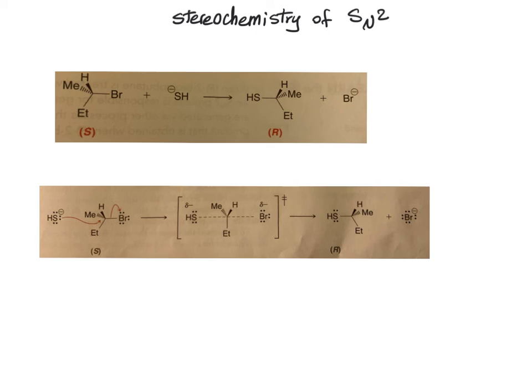For example, if the configuration of the alpha carbon before the SN2 reaction is S, after the SN2 reaction, in general, it becomes R. And it is said that SN2 reaction proceeds with inversion of configuration. R becomes S, S becomes R usually.